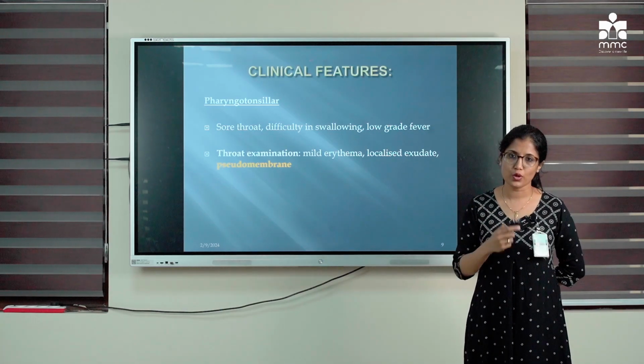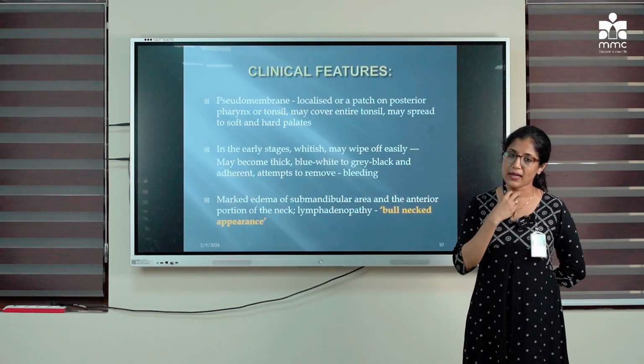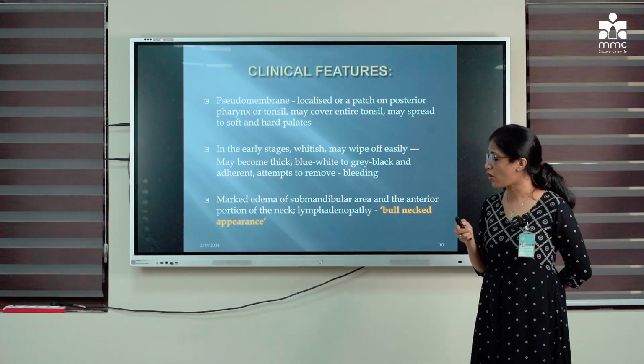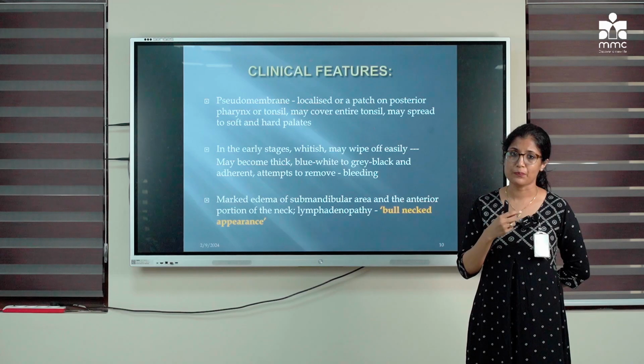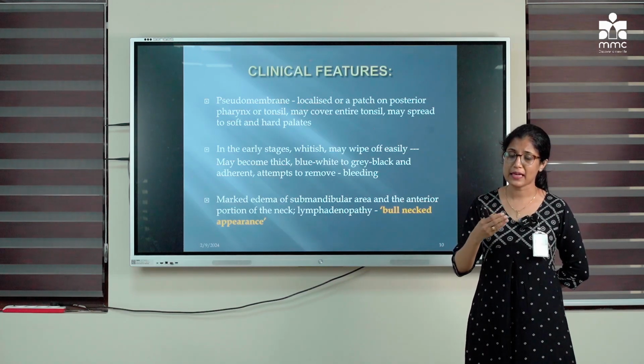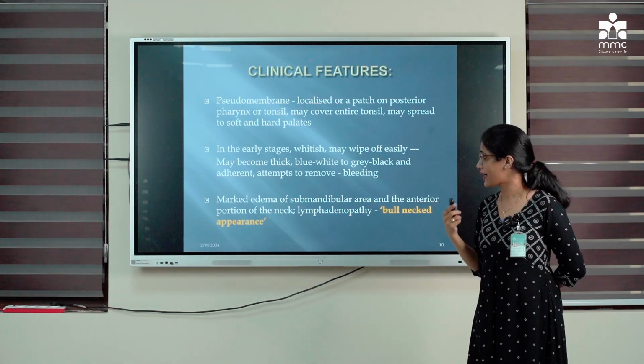So what is this pseudomembrane? Pseudomembrane is a membrane which occurs in patches on the posterior pharyngeal wall or on the tonsils. Initially it is localized, it can extend to the soft palate as well as the hard palate, and it can even cover the entire tonsil.